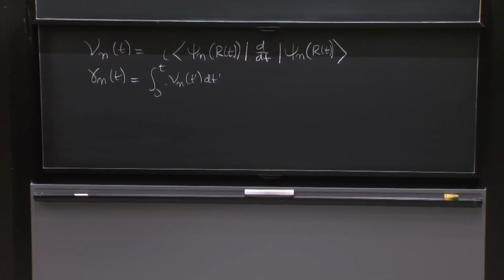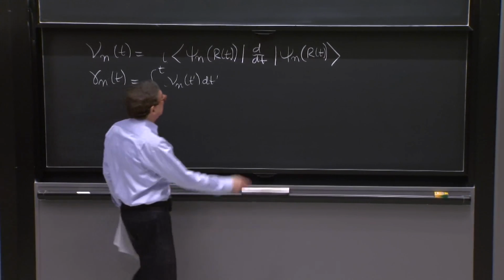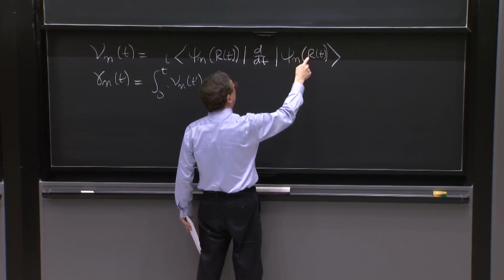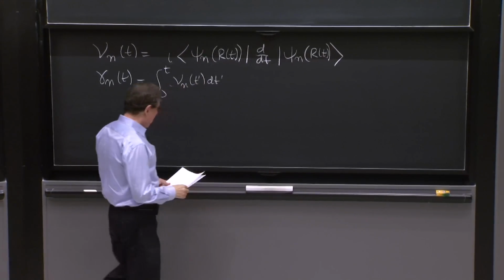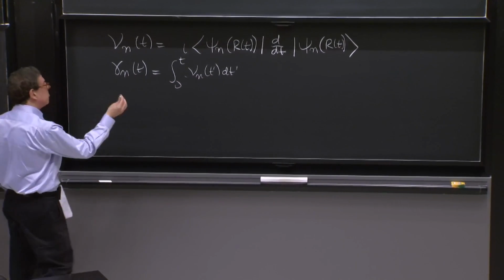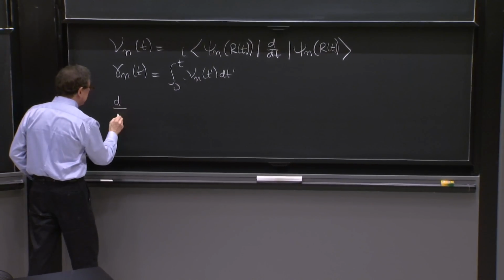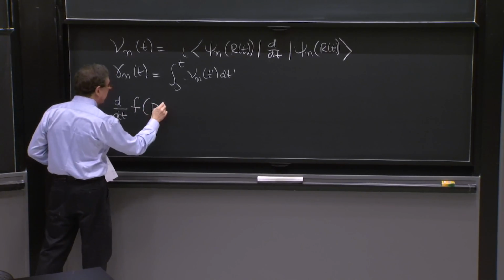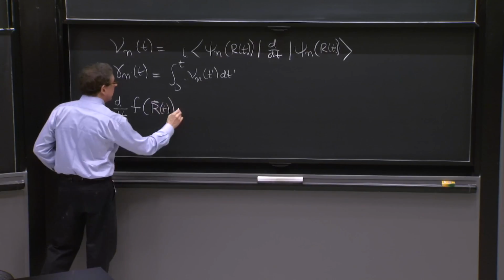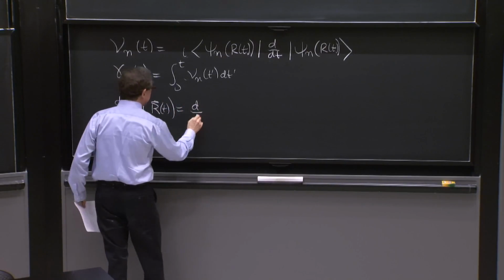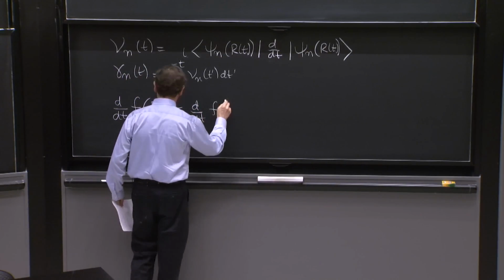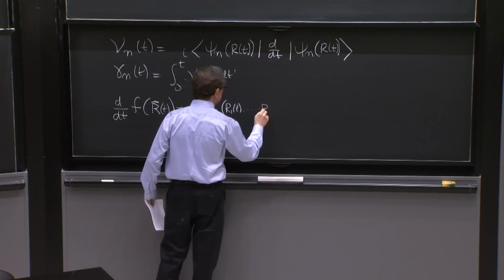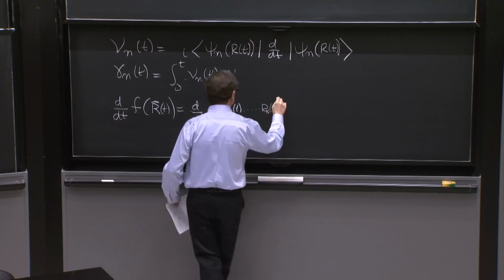Well, if you have to differentiate a function that depends on r of t, what do you have? Let me do it for a simpler case. d dt of f of r of t. This means d dt of a function of r1 of t, all the ones up to Rn of t.